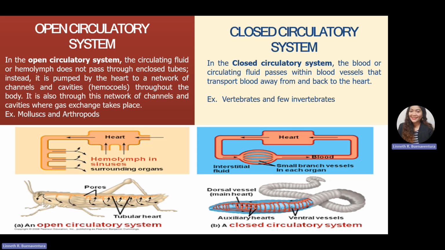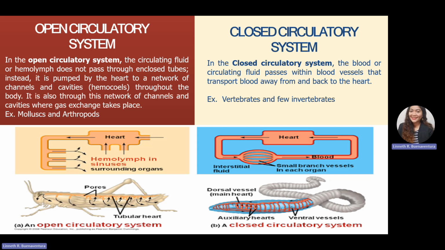The purpose of their heart is just to pump blood, and then after that, it will not be recirculated or transported by their veins.